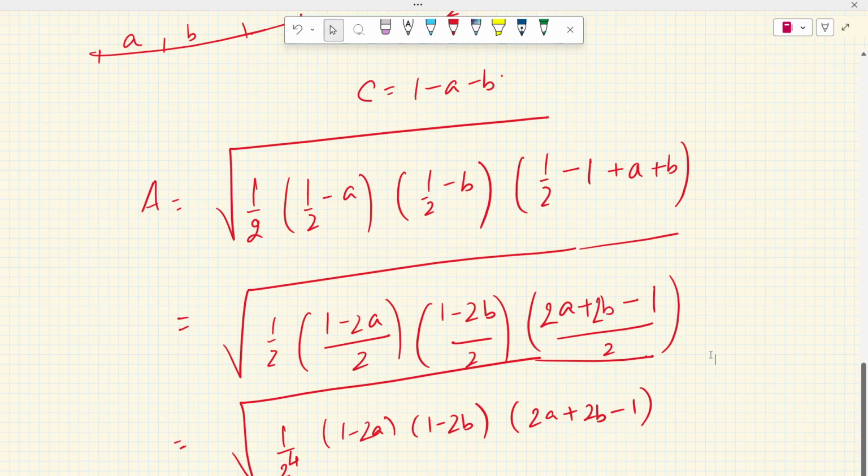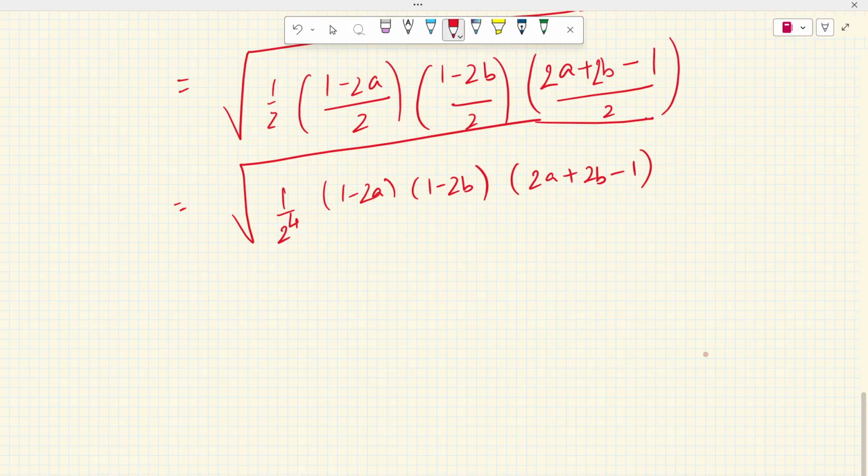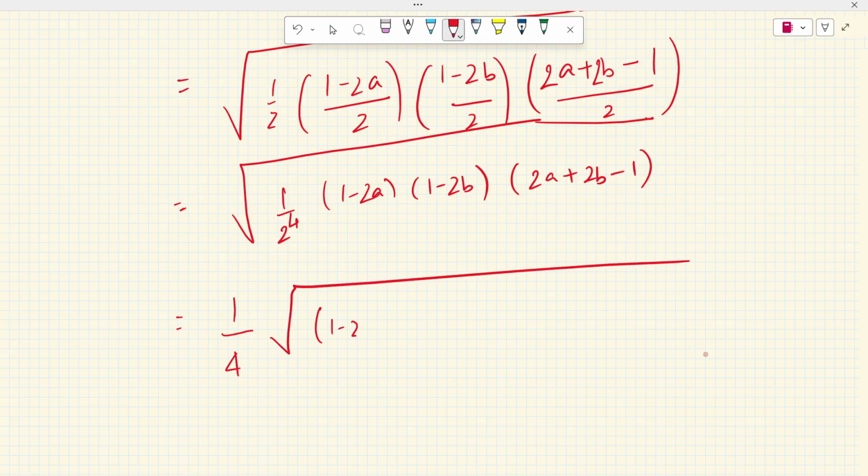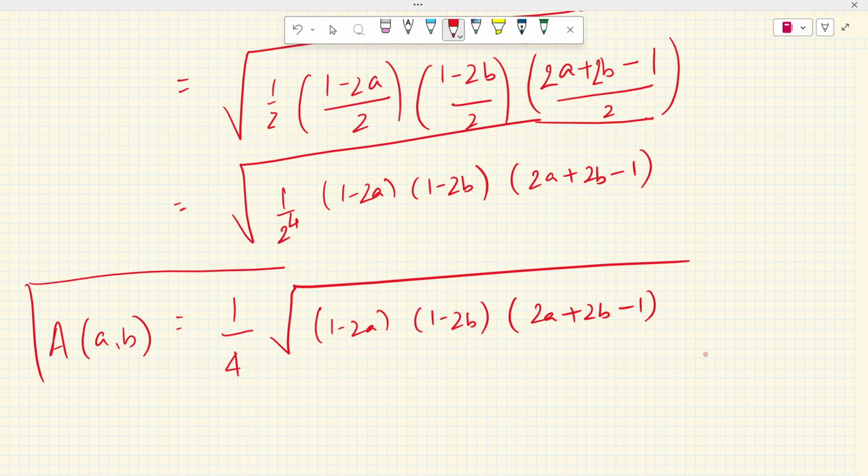So we can take the 2 out of the square root, so it becomes 1/4, and then the three terms. So this is the formula for area in terms of a and b.